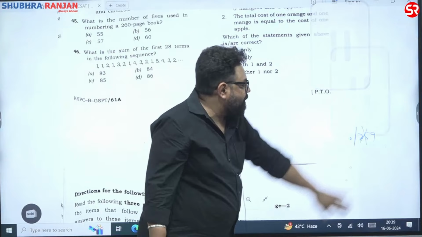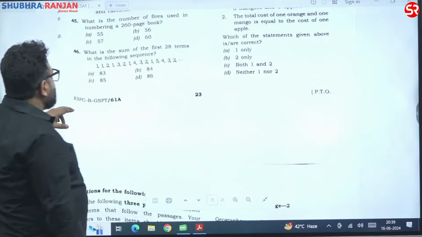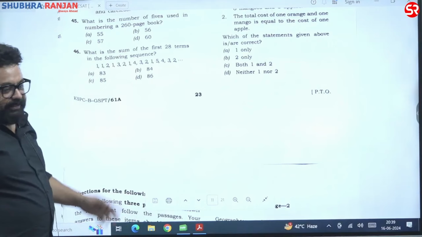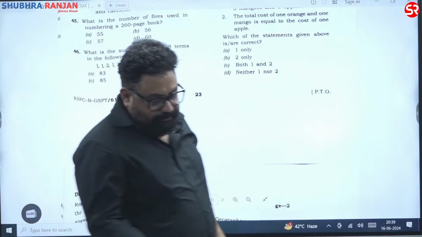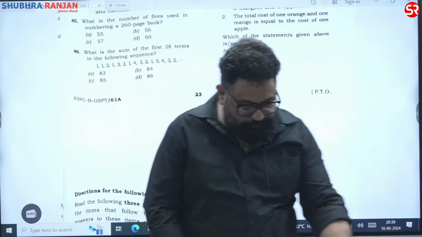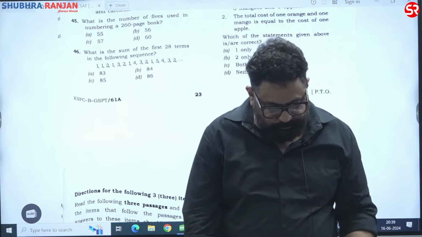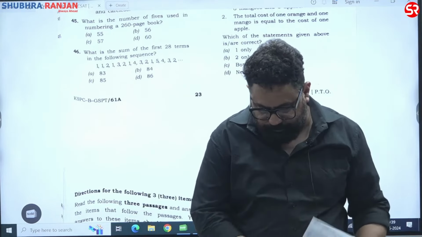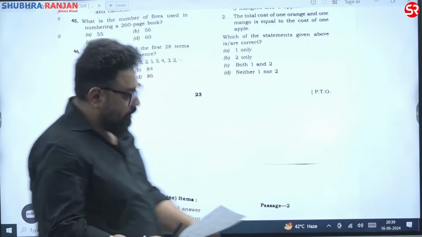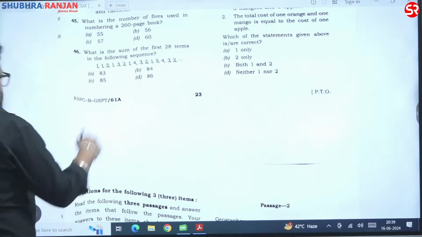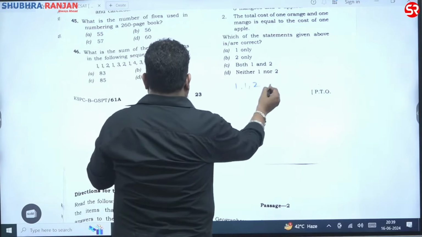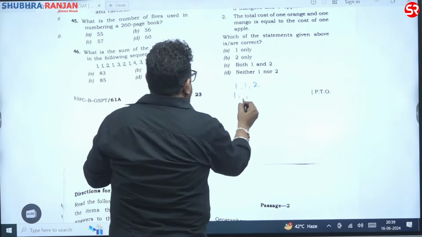चलिए नेक्स्ट देखते हैं. हाँ, this is again, 46 is again something you have to think about. 46. So what we found was that this is actually, see this, 1 1 2 1 3 2.